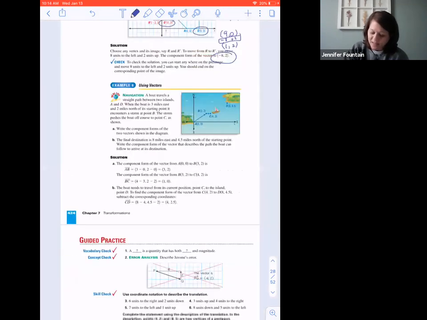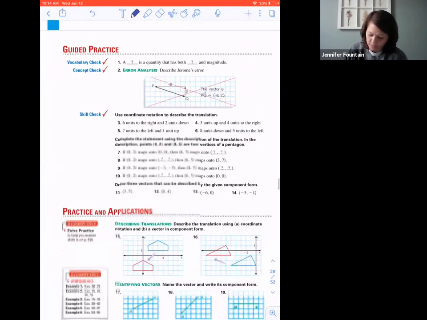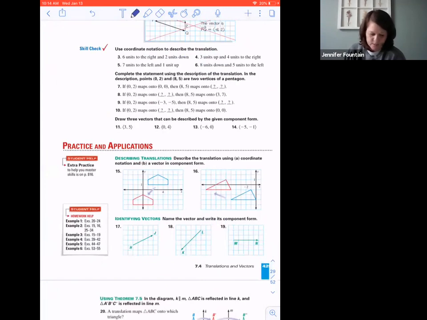All righty, so then we get to the homework. And this is where we have the homework that I explained before I even taught the lessons.